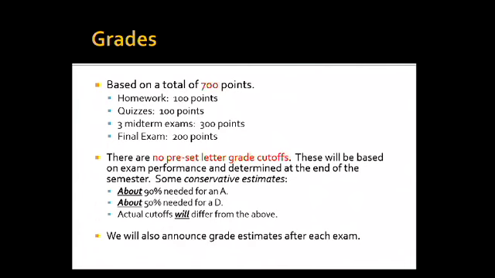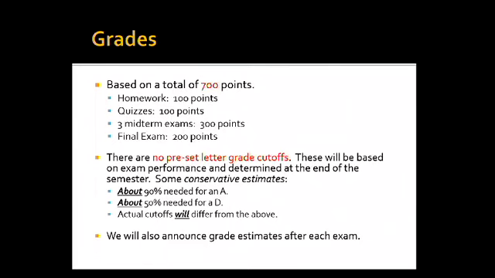If you get perfect on every single quiz, except possibly the 3 lowest ones we excuse, then we'll give you another 100 points. Each of the midterm exams is 100 points, so you get 300 maximum out of the exams. And then the final is a 200-point final exam. So the absolute maximum you can get is 700 points.